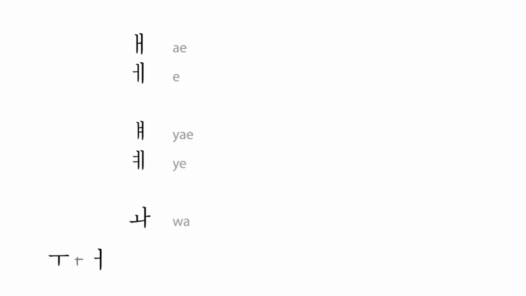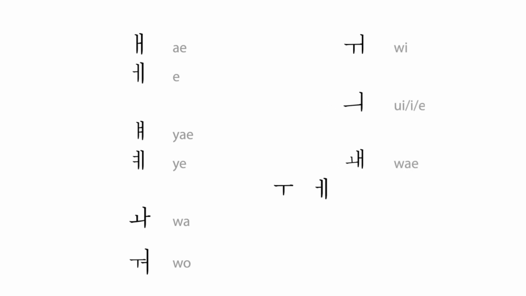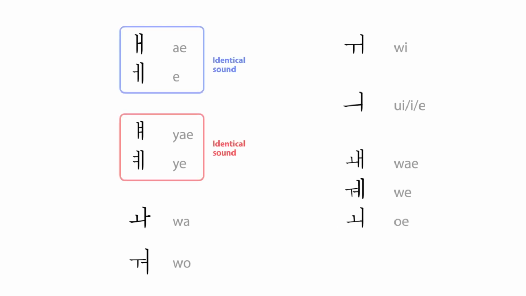Double vowels are composed of basic vowels. Although these vowels are written differently, they sound identical.